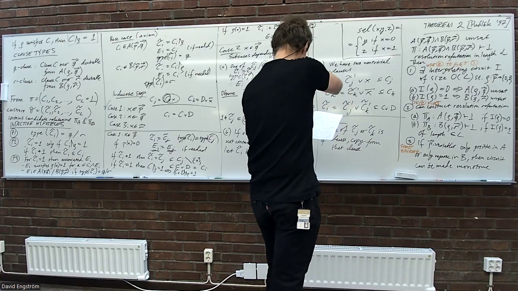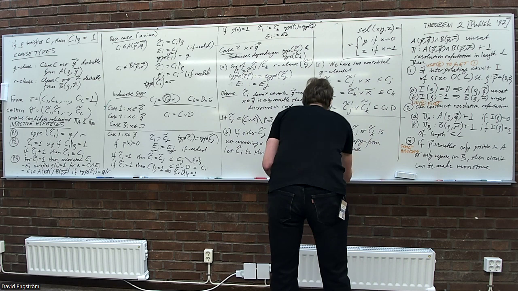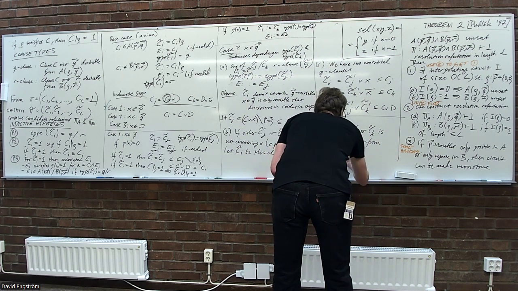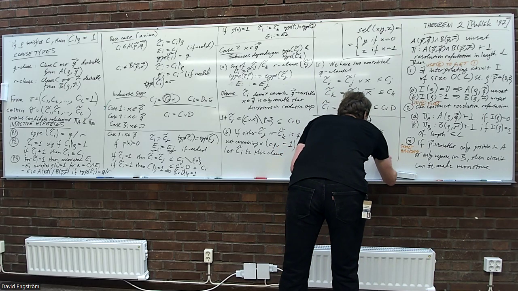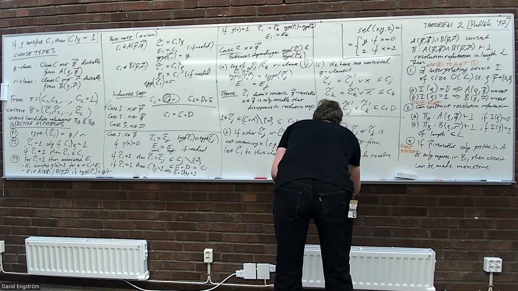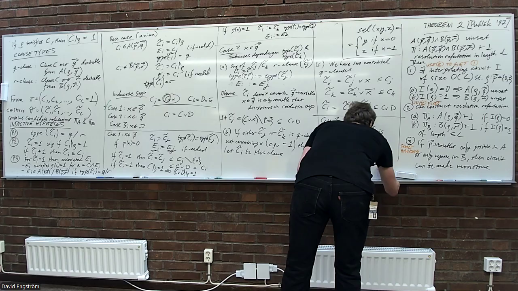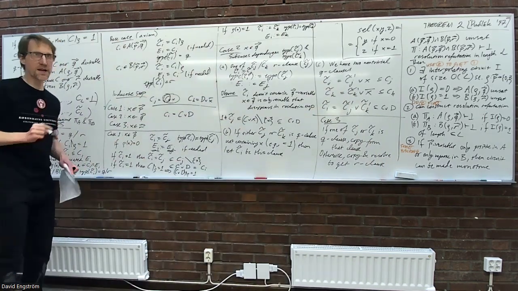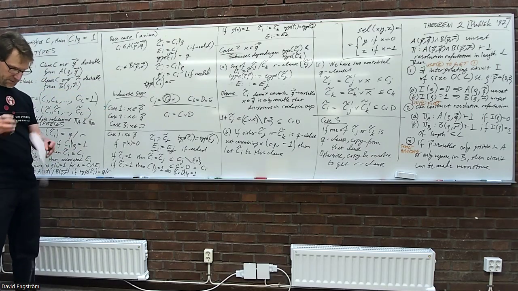Otherwise, we copy or resolve to get an R clause. It's exactly analogous. Literally just go over the proof again, change Q for R.